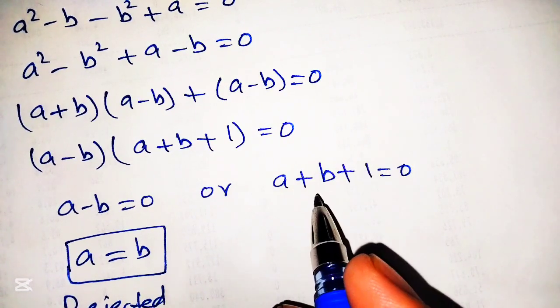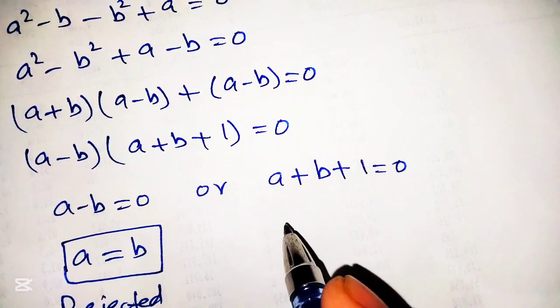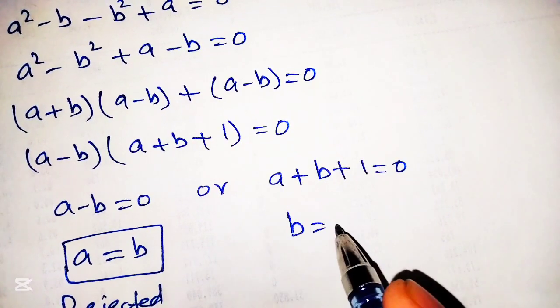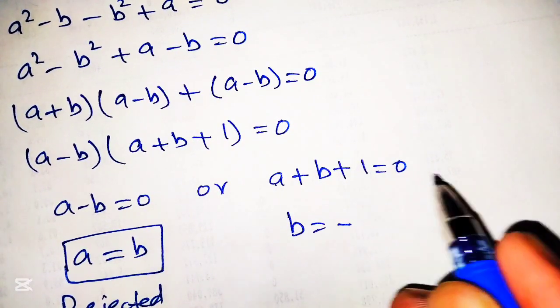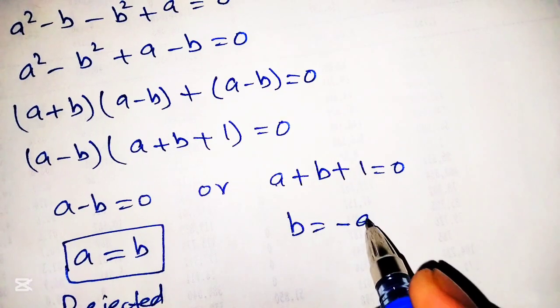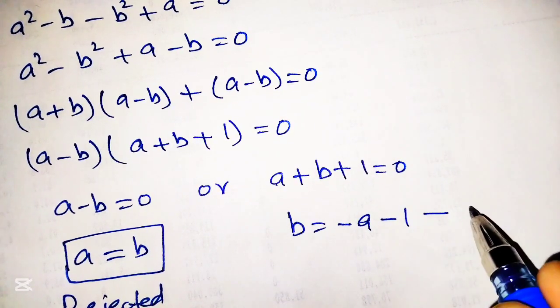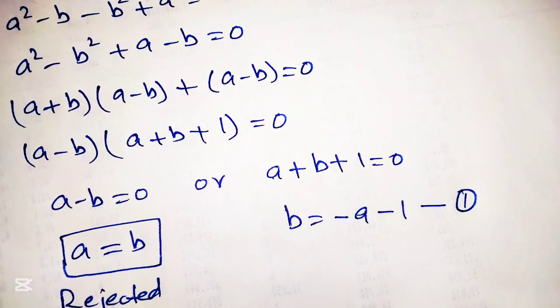From this equation we can write b equal to, taking a and 1 to the right-hand side, −a − 1, and we name this equation number 3.